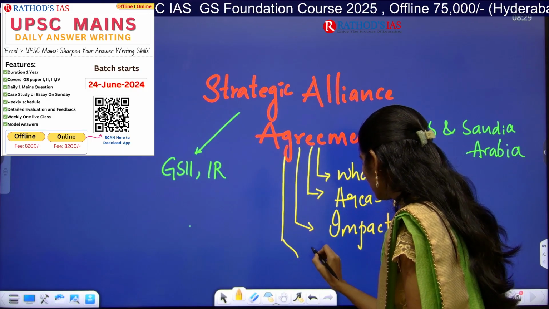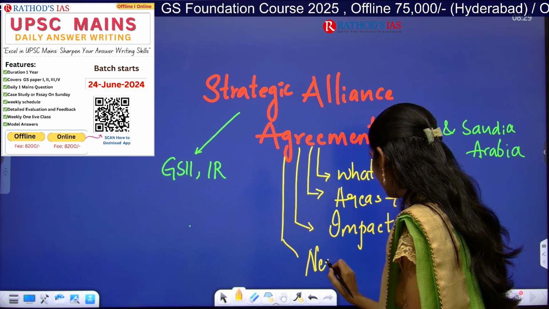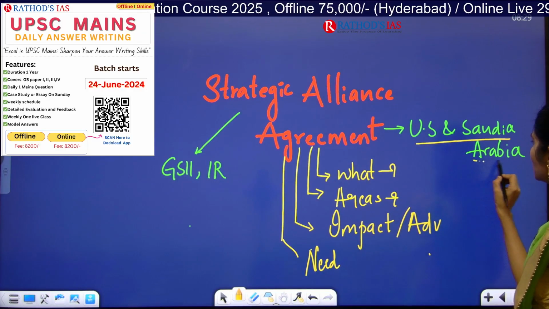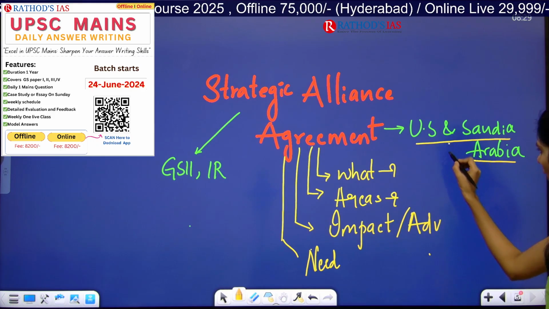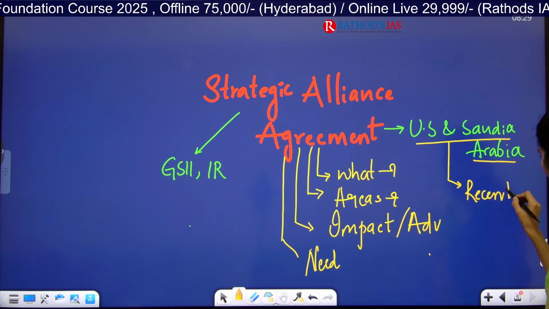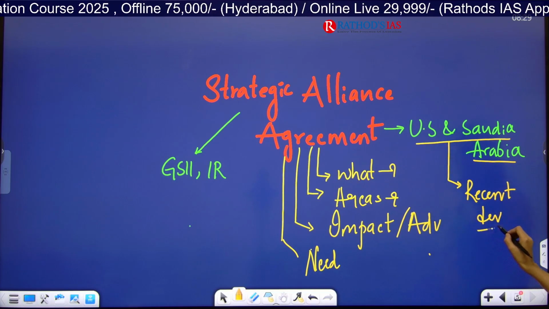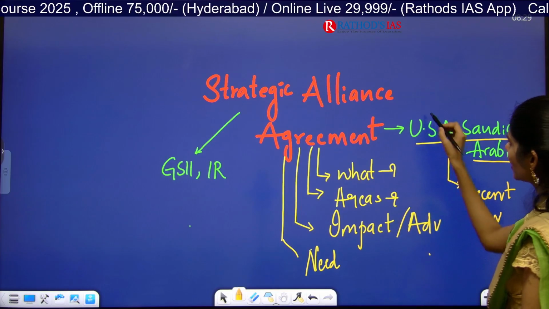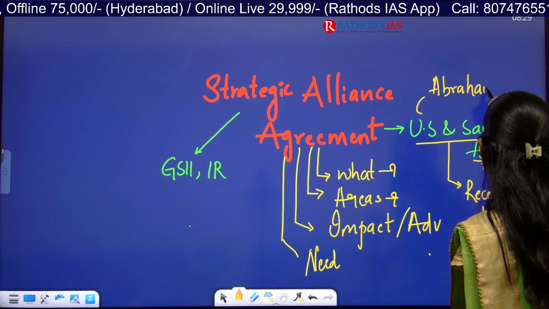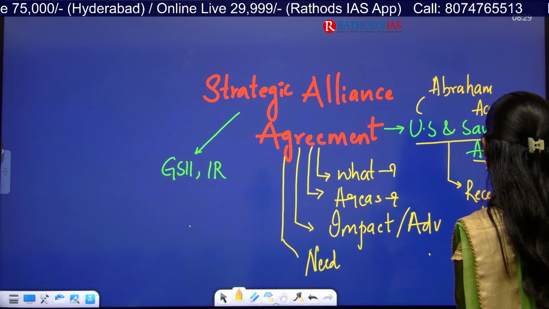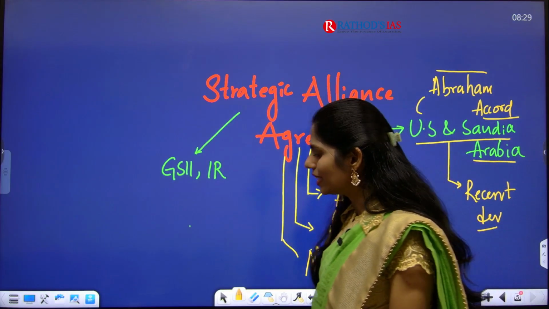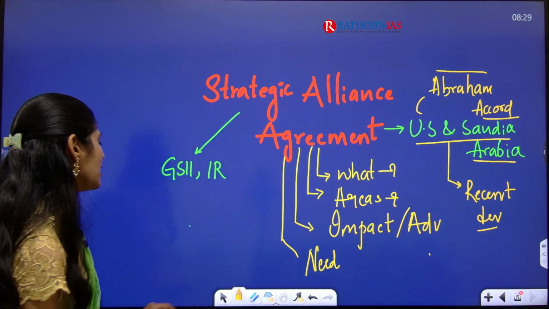Okay, what is the need of this kind of agreements? And this is about US-Saudi Arabia relations, right? So you can also see what are the recent developments between US and Saudi Arabia. One example I can give is the Abraham Accord. Okay, clear? So all these are the dimensions that you have to see from this article.